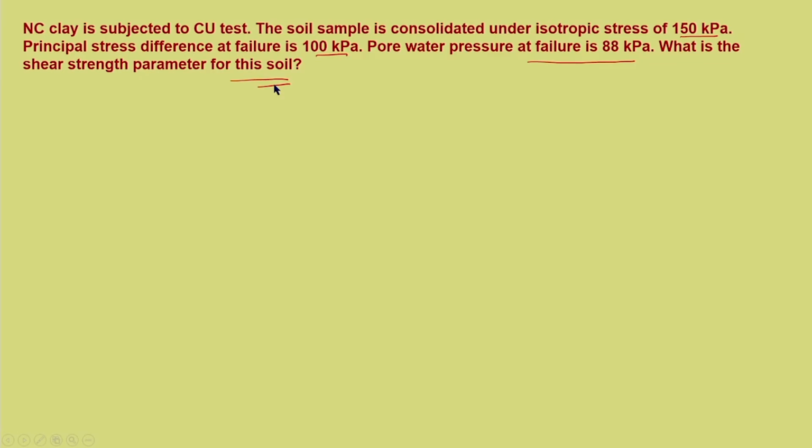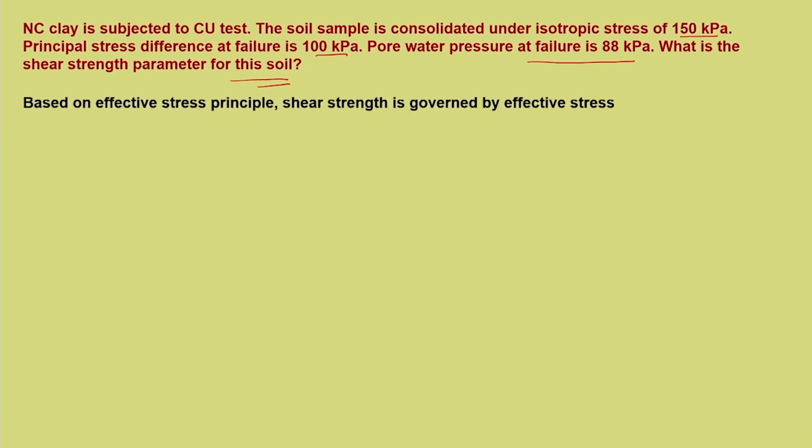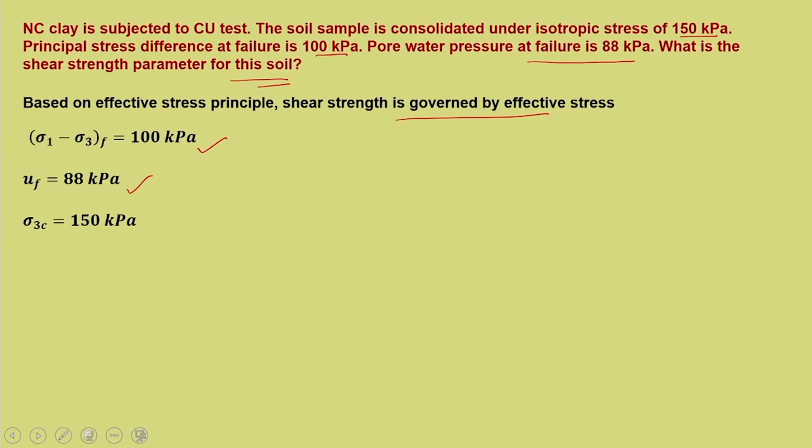Nothing is told about back pressure, so we will not get into that. We will assume that the pore water pressure is the final pore water pressure at failure, and whatever it is, all inclusive. Now, based on the effective stress principle, shear strength is governed by effective stress. What is given? Sigma 1 minus sigma 3 at F is 100 kilopascal, u_f is 88 kilopascal, sigma 3 c is 150 kilopascal.